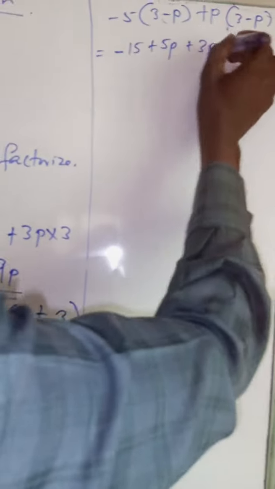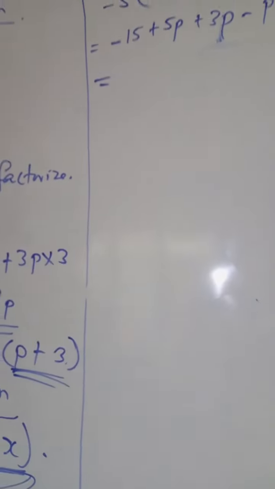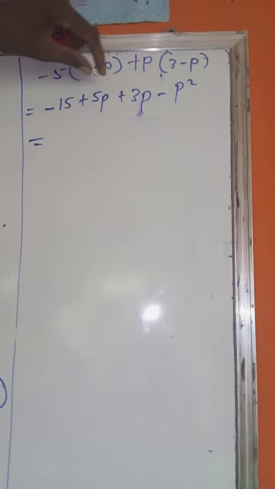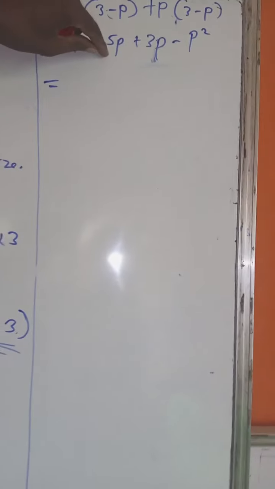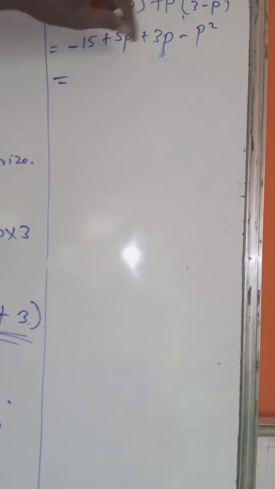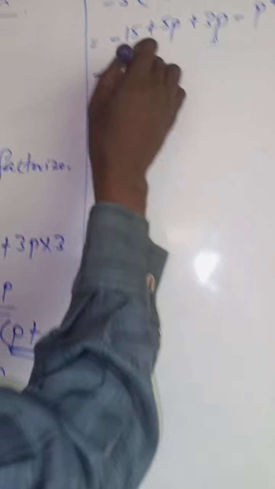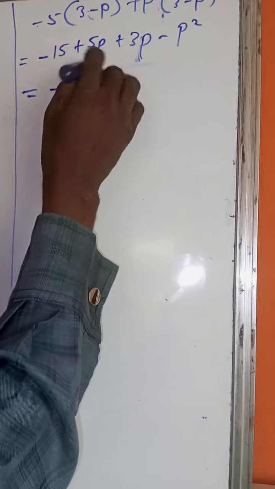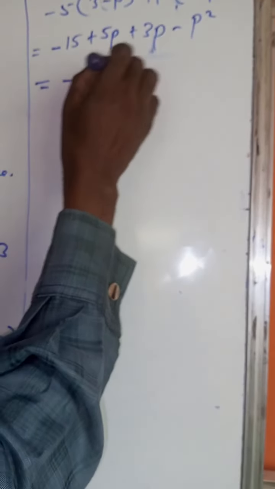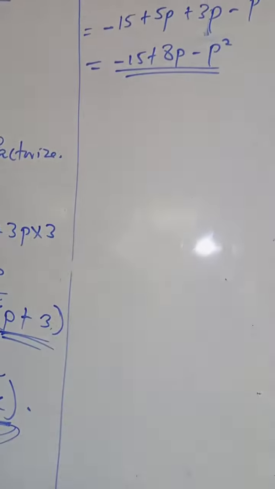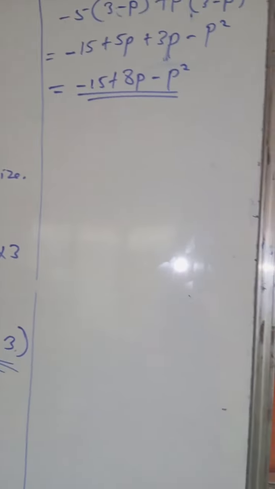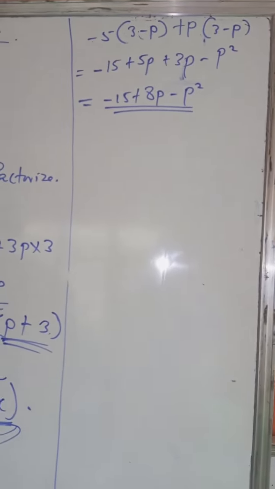Minus times plus is minus, p times p is p squared. So I could do some manipulation, because of this 5p and 3p. If I add them together, it will be minus 15 plus 8p minus p squared. So let's just stop here before we start quadratic equations.